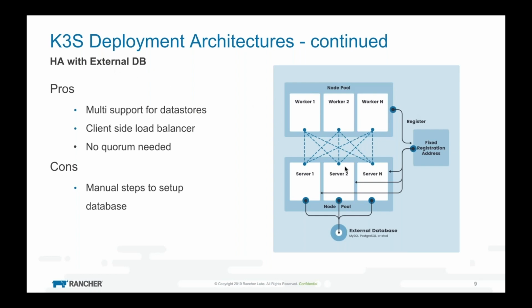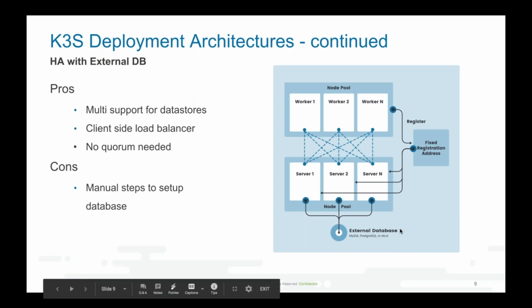This has 3 servers or more, more than 1 server, that connect to an external database. The external database can be MySQL, Postgres, or etcd. Obviously, it can't be SQLite.